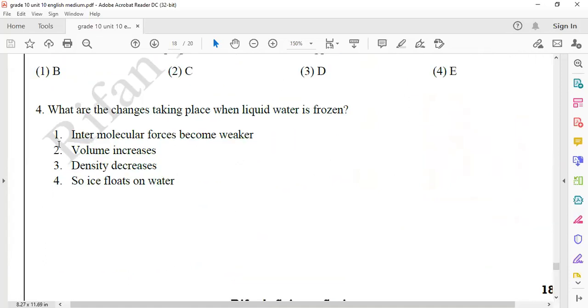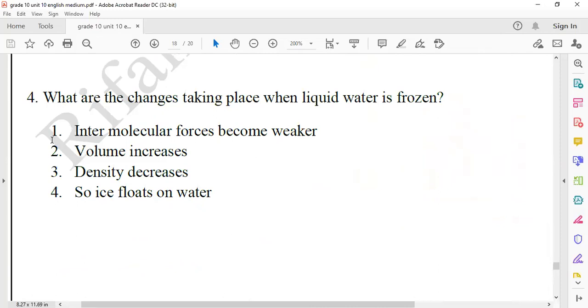This is a question, but at the same time I am writing the answer. What are the changes taking place when liquid water is frozen? When liquid water is frozen, it turns to ice. What is happening to the intermolecular forces?